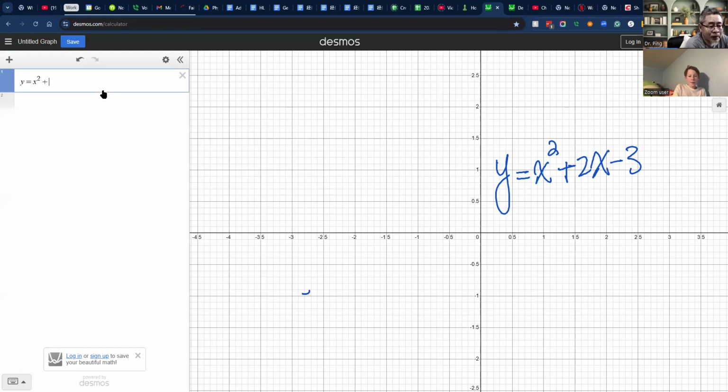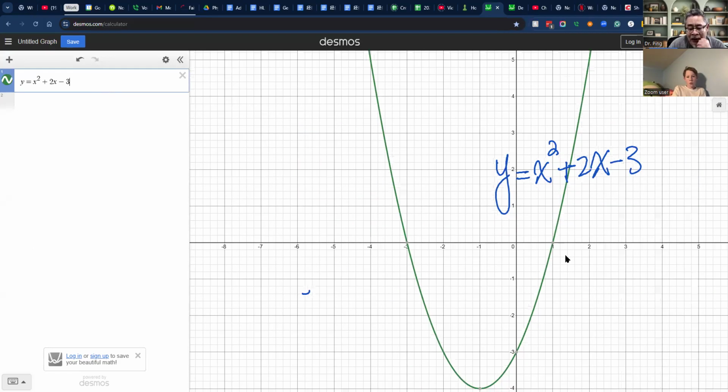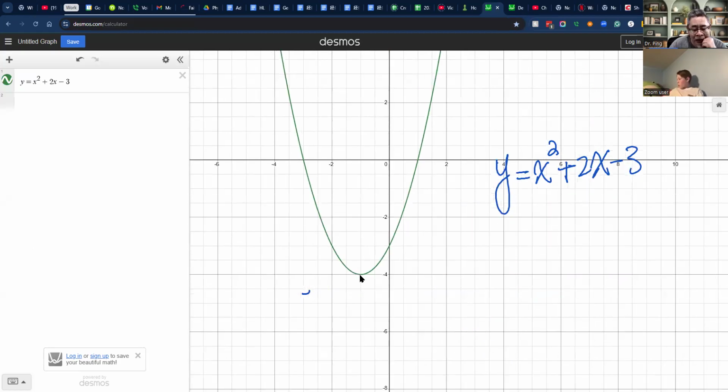So you can see that it's plus 2x minus 3 and see what we have. This is our vertex point, so we do that first. Then after that, we got negative 3, 0, and also 1, 0.